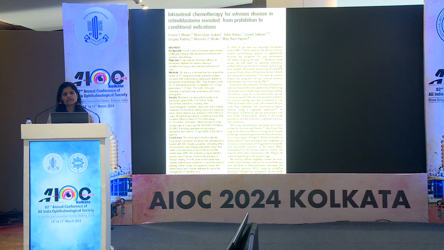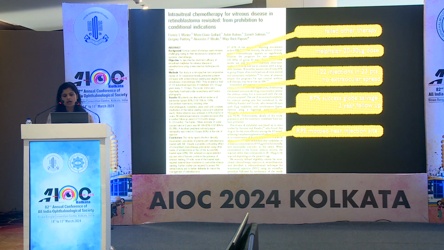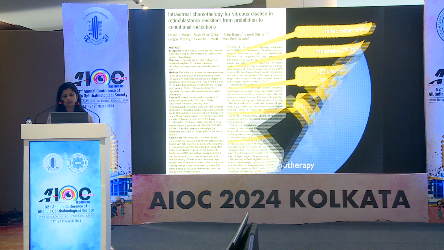It was traditionally taught never to put a needle into an eye with retinoblastoma, which probably doesn't stand true anymore, because we are now putting needles not just into the vitreous cavity but into the anterior chamber as well. So it is okay to inject a drug into the cavities. This was the first paper published from the group, where they had used melphalan, and they showed that they had a very good success rate, and none of the eyes developed extraocular extension after treatment.